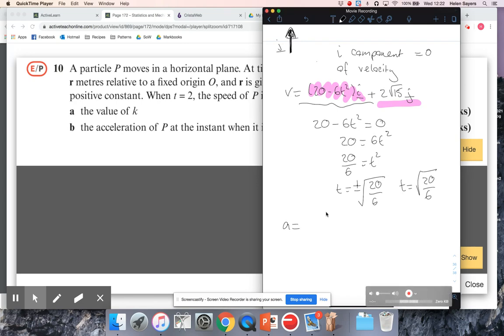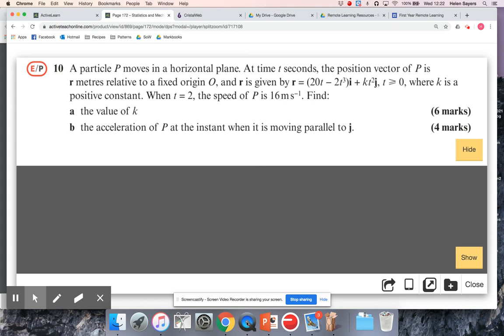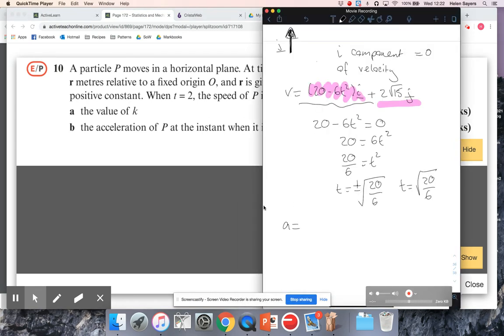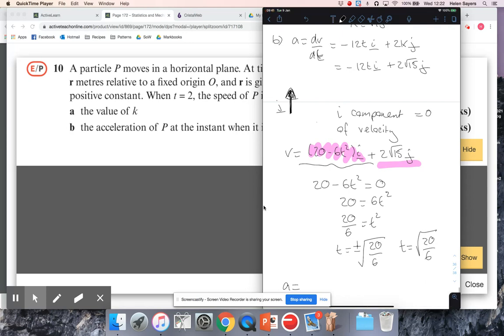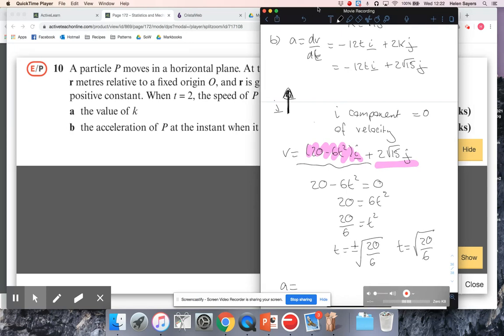So the actual question wanted the acceleration at that point. Let's scroll up a little bit.